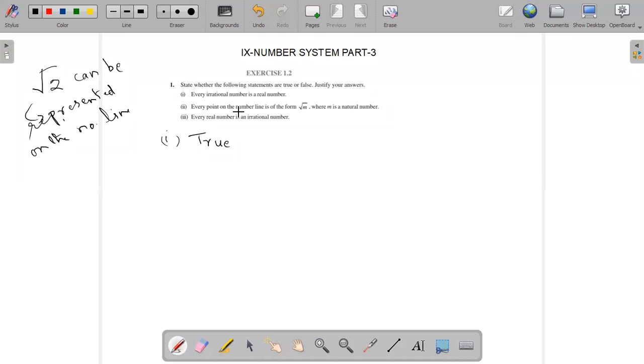Because all rational and irrational numbers together form the group of real numbers.